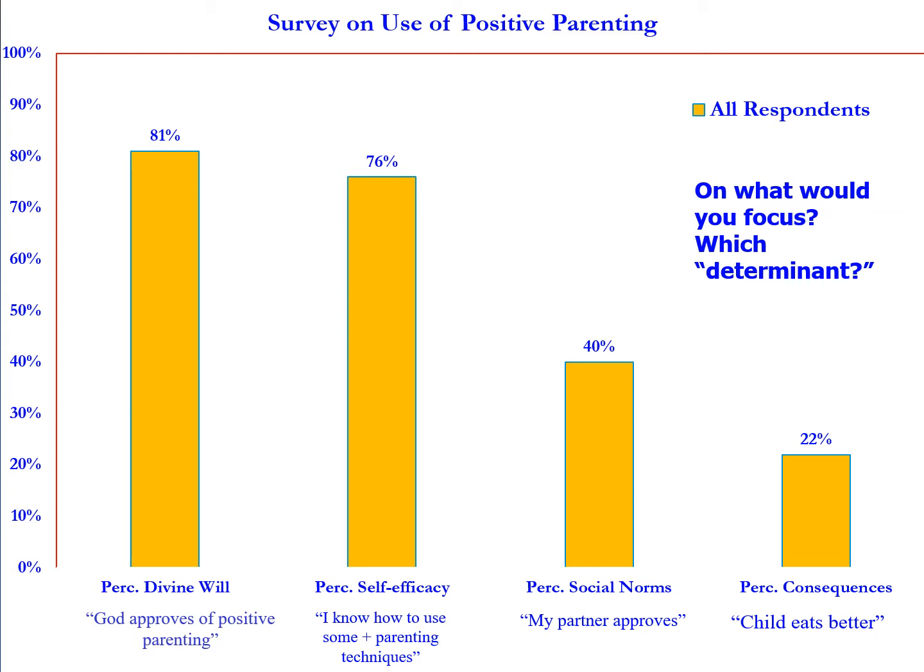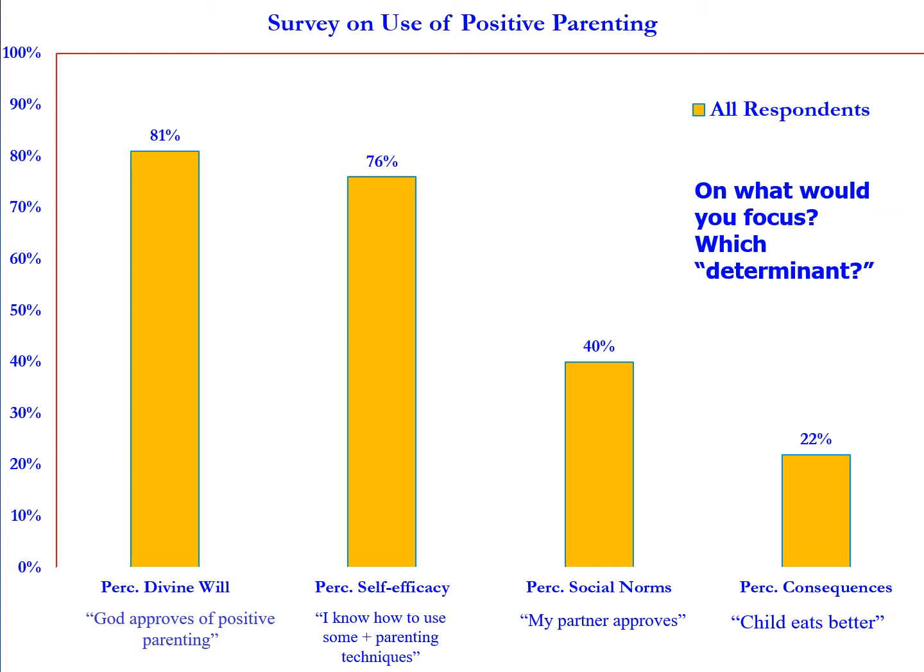You ask if their partner approves of their using positive parenting, and 40% say yes, their partner approves. That's perceived social norms. And you ask what they think the advantages are of using positive parenting, and 22% mention that the child eats better when they use it, the most common response that they gave amongst other responses.